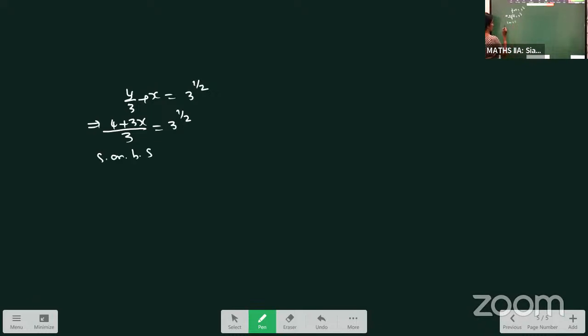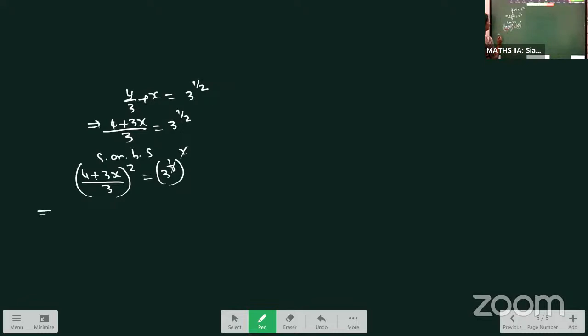Now 4 by 3 plus x is equal to 3 power 1 by 2. Here take LCM, 3 is LCM. 4 plus 3x by 3 is equal to 3 power 1 by 2. So do squaring on both sides. 4 plus 3x by 3 whole square is equal to 3 power 1 by 2 whole square. 2 and 2 get cancelled.